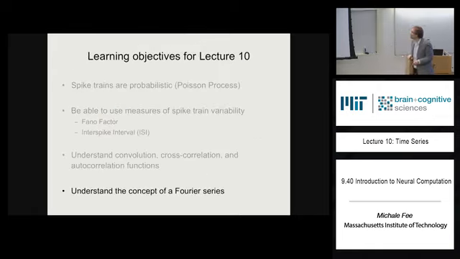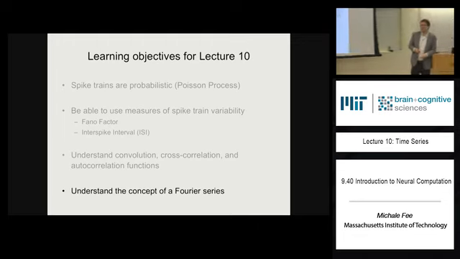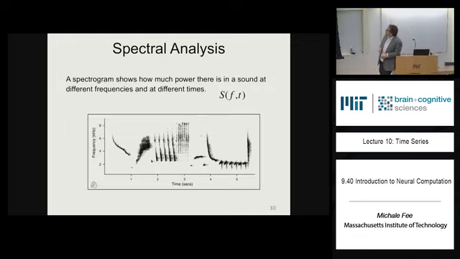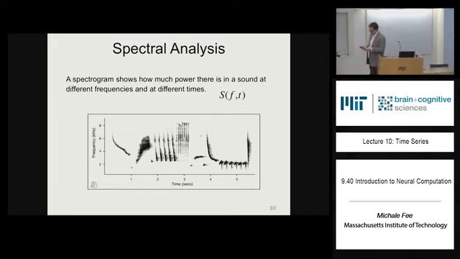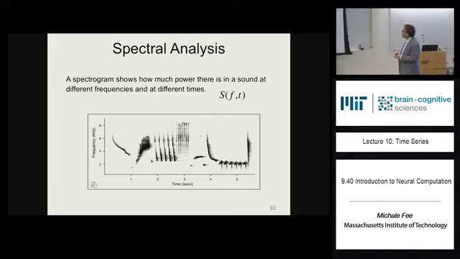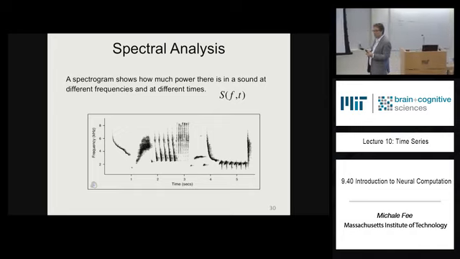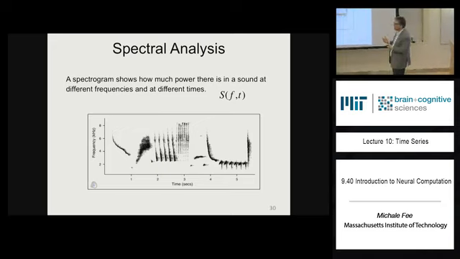Okay. Let's start on the topic of spectral analysis, which is the right way to pull out periodic structure of signals. Here's the spectrogram that I was actually trying to show you last time. So what is a spectrogram? If we record a sound with a microphone, microphones pick up pressure fluctuations. In this case, this is a bird singing.